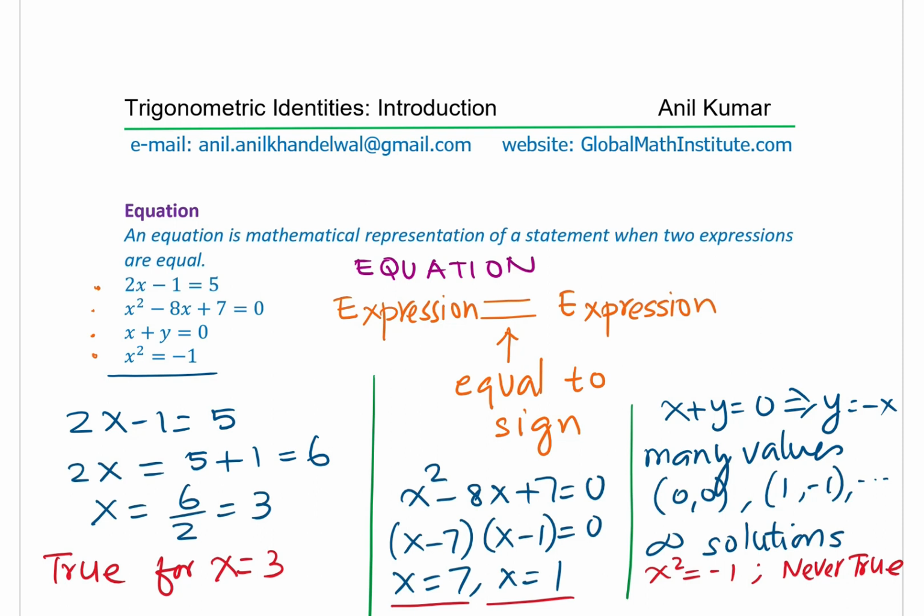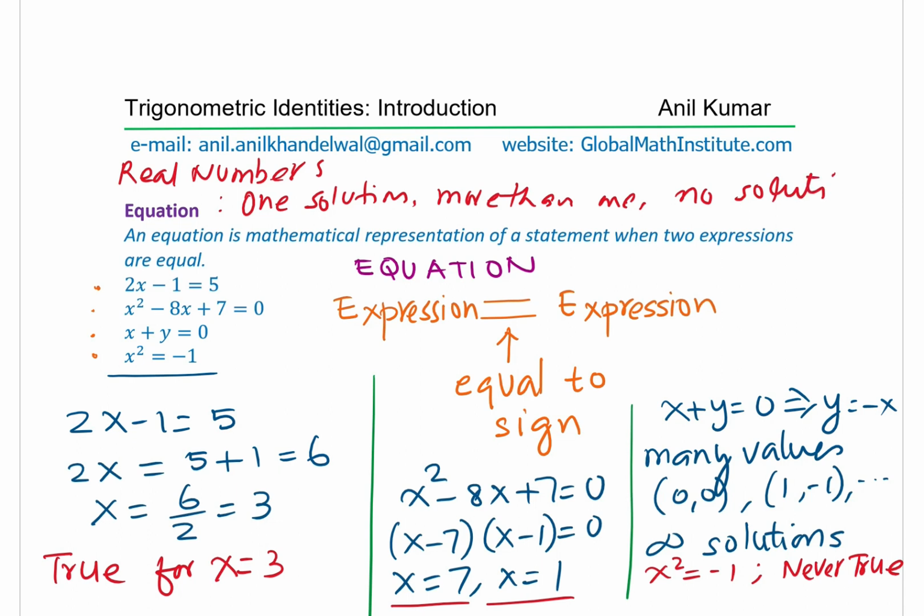So when we're talking about real numbers, we say in the domain of real numbers, equations can have one solution, more than one, or even no solution.